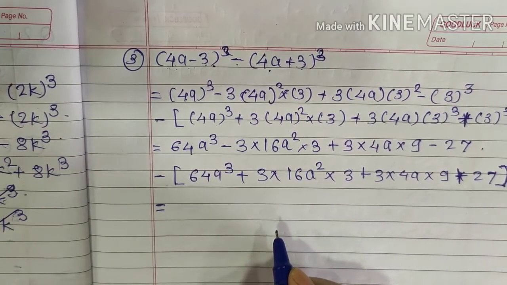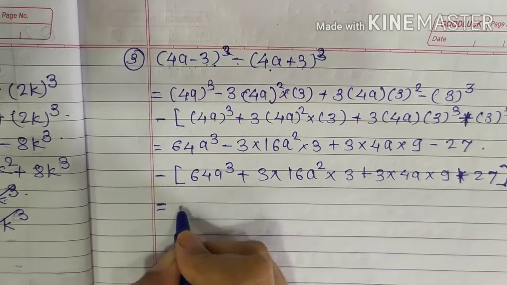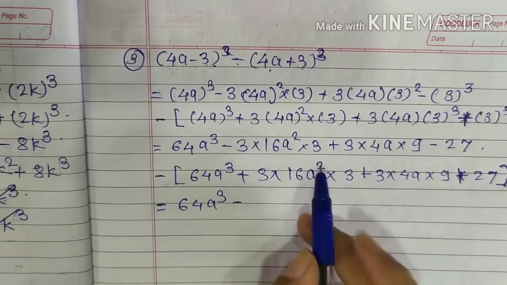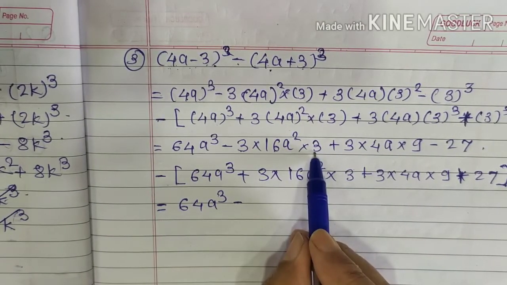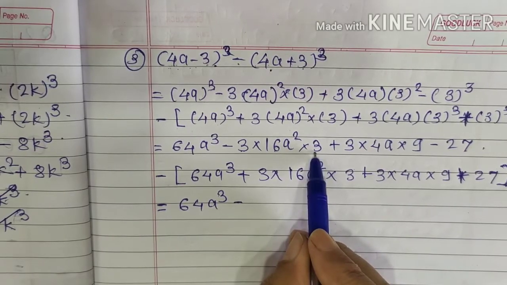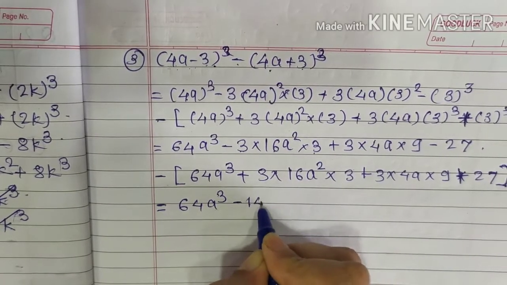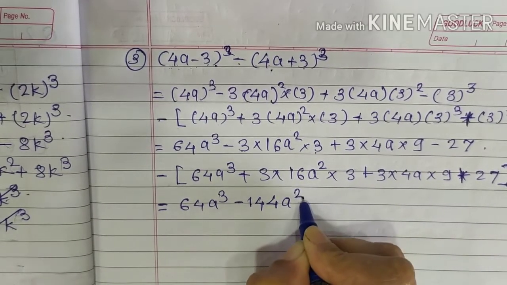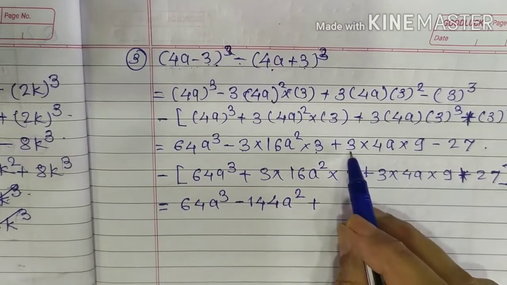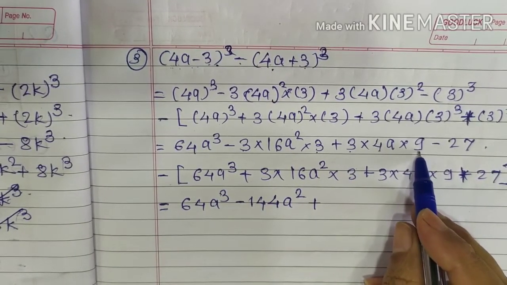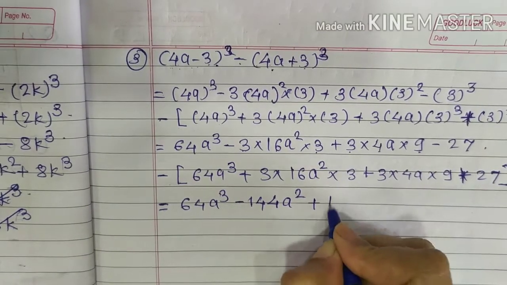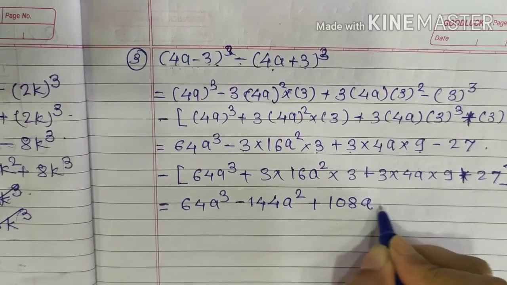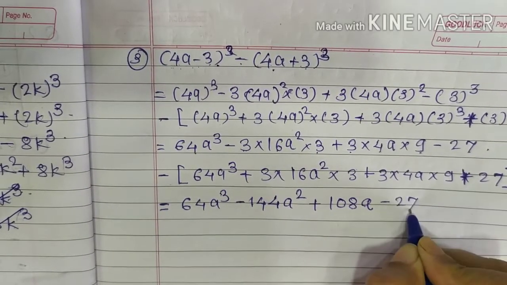Next step, make the multiplications. Here 64a cube minus 3 into 16 into 3, that is 144a square, plus 3 into 4 into 9, 108a, minus 27.